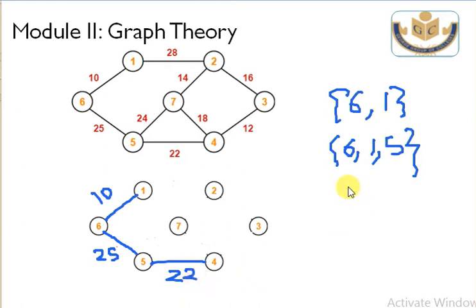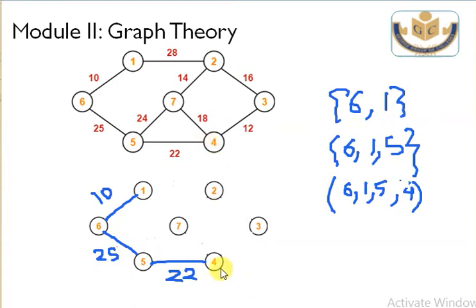Correct. Okay, now what are the elements that I have? Now I have 4 vertices, 6, 1, 5 and 4. So from 5 I can go to 7, and I can go to 4.